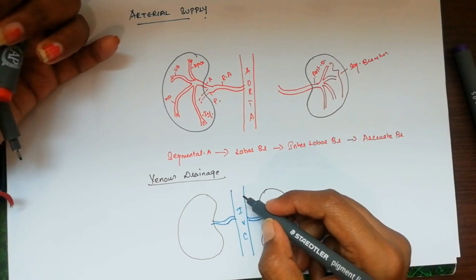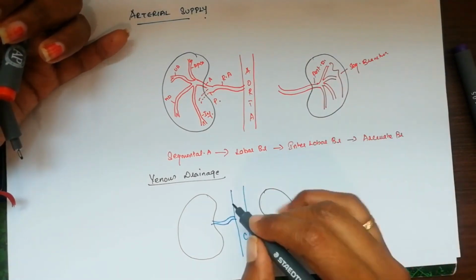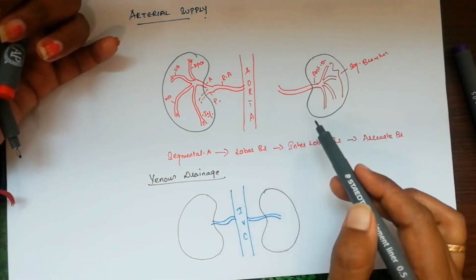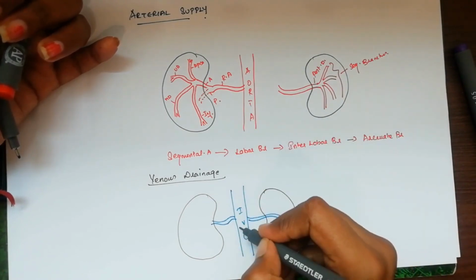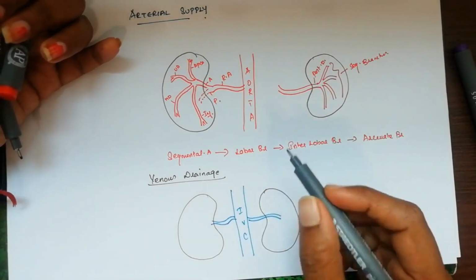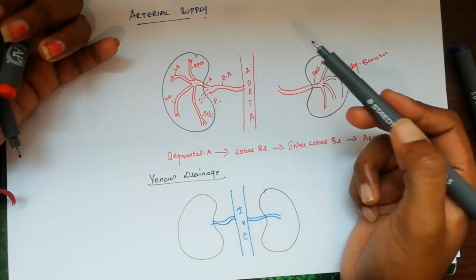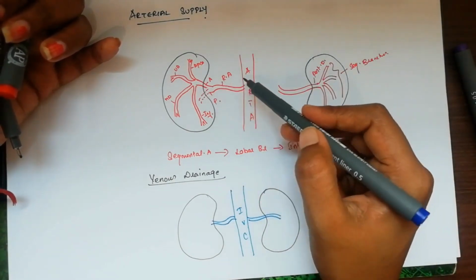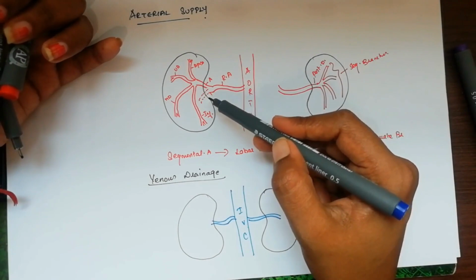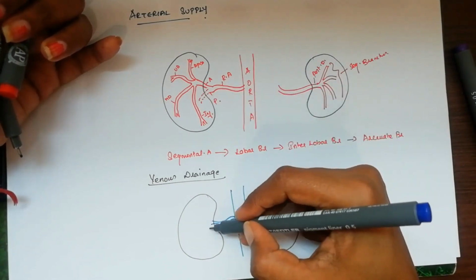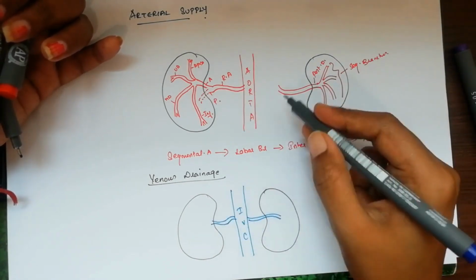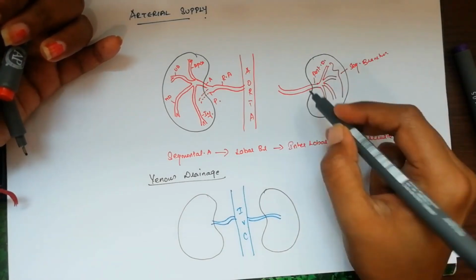Because of the presence of the inferior vena cava towards the right side and the aorta towards the left side, the right renal vein is smaller and the right renal artery is larger. The right renal artery will be larger, and the renal vein on the right side will be smaller. Vice versa in the case of the left side, artery and vein.